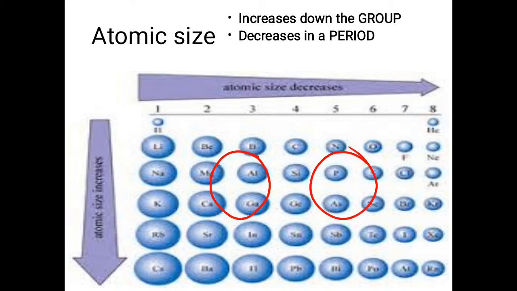Hydrogen has 1 electron, but helium has 2 electrons. Hydrogen has only 1 proton, but in the same shell 2 protons are present in helium. So these electrons are much more attracted by the effective nuclear charge of helium.